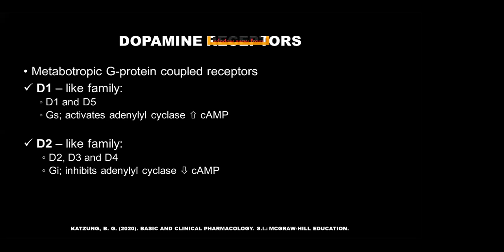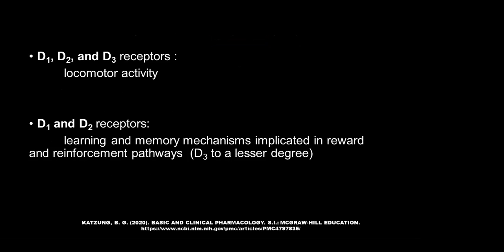Next. Next, please. So these are the subclasses of dopamine and their respective function. So D1, 2, 3 are for the locomotor activity, while the D1 and D2 are responsible for the learning and memory mechanisms.